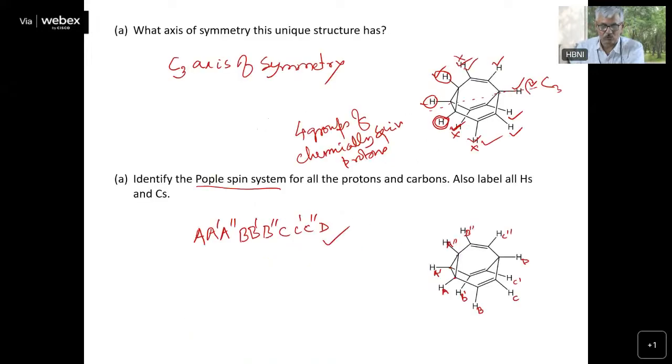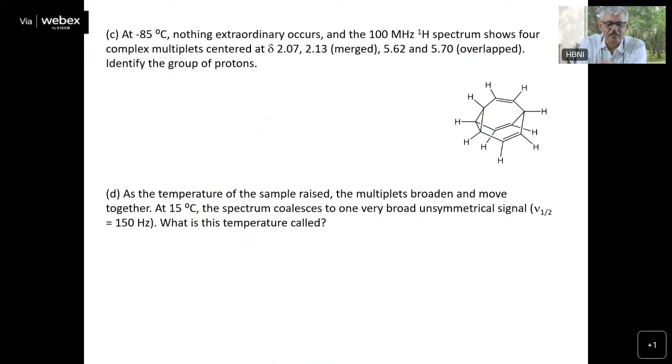Now let us go there. The centers are 2.07 and 2.13, so these two multiplets are merged, and then 5.62 and 5.70 are overlapped. Now identify the groups of protons. In this molecule, the most upfield chemical shift will be for the cyclopropyl protons. As I told you, they are chemically equivalent, so they come at the same place.